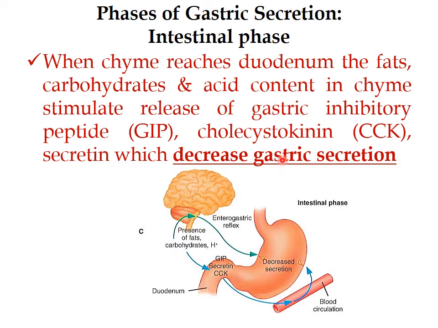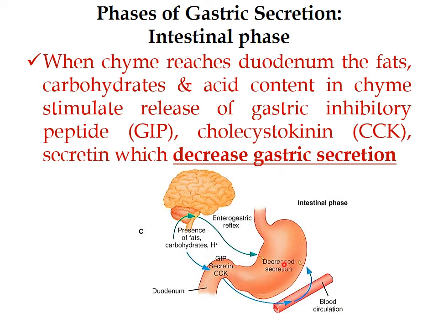So this is always an inhibitory phase, so it decreases the secretion. When the chyme reaches the duodenum, the fats, carbohydrates, and the acid content in the chyme will stimulate all these hormones, GIP, secretin, CCK, and all these will then inhibit the gastric secretion.